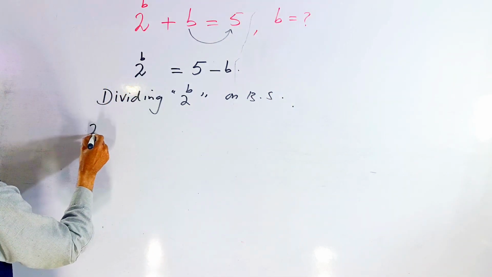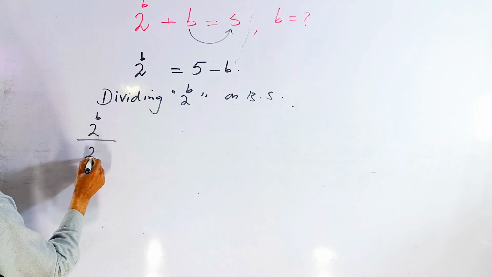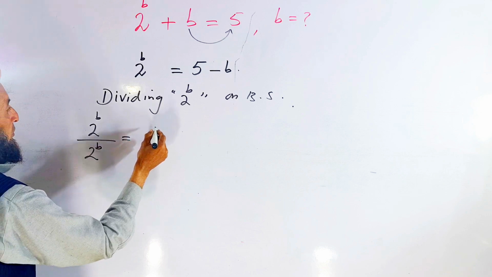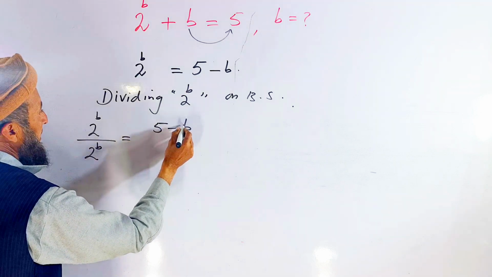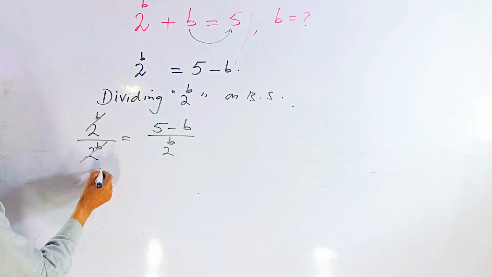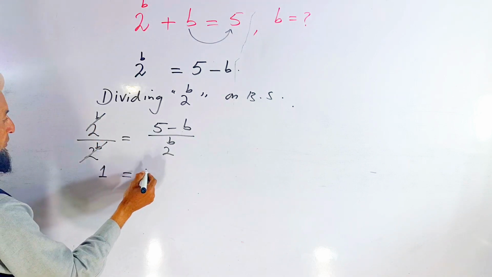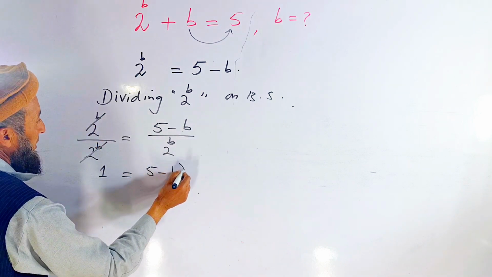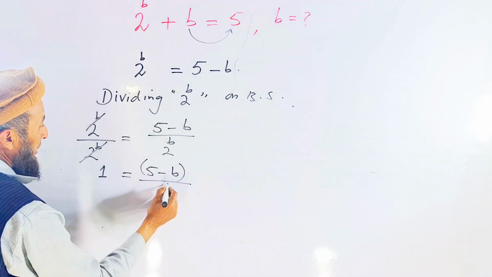So 2 exponent b divided by 2 exponent b is equal to 5 minus b divided by 2 exponent b. Both cancel. We get 1 is equal to 5 minus b divided by 2 exponent b.